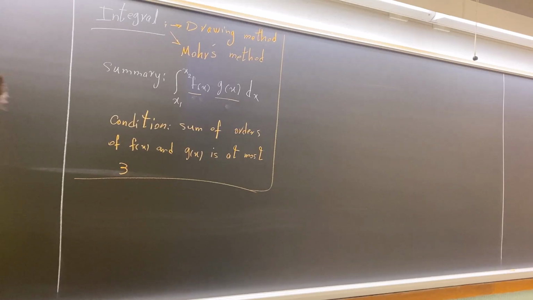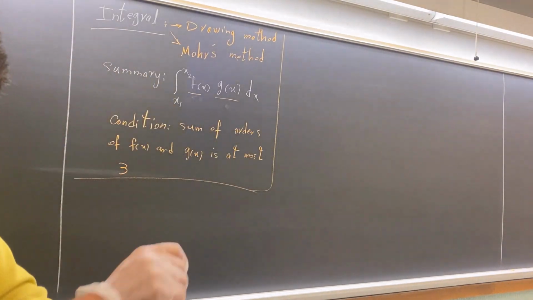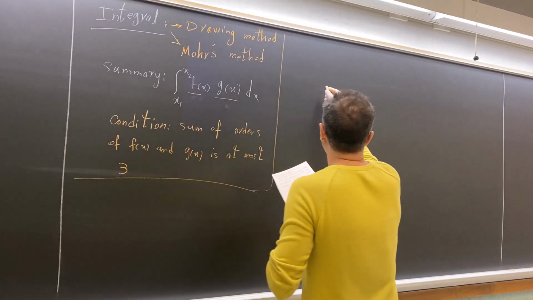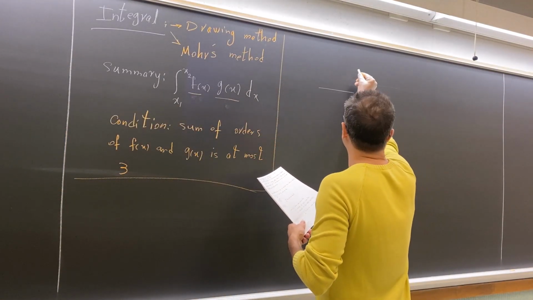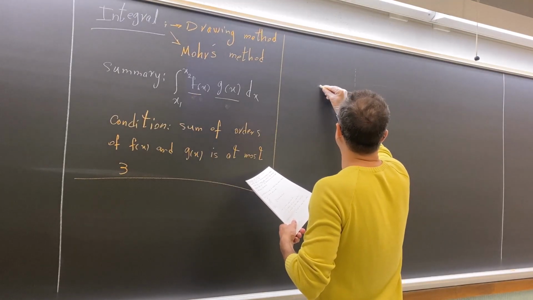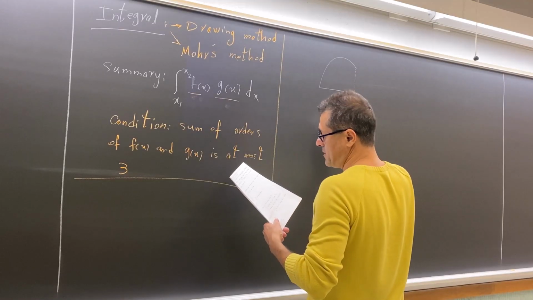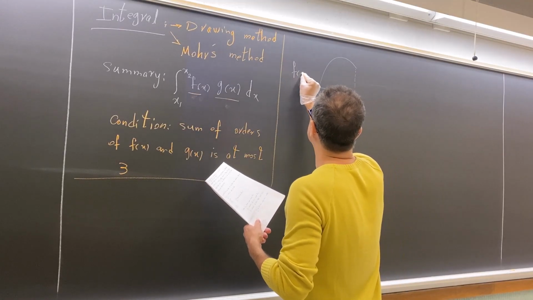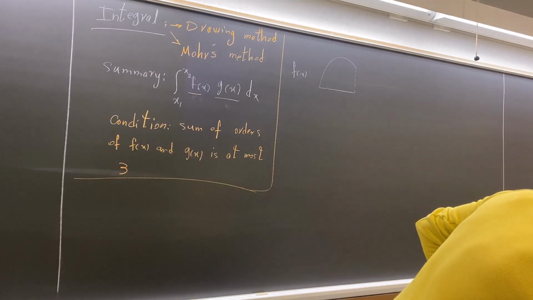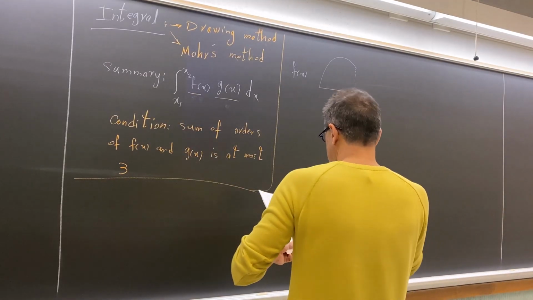Now we can start. This is the summary of the method. You have a function, and you can see we are just drawing it. It's based on drawing. So this is f(x), and f(x) in terms of drawing is given from x1 to x2.